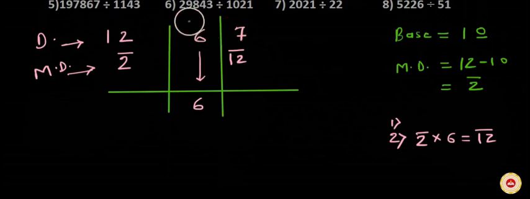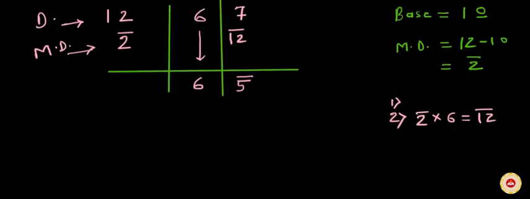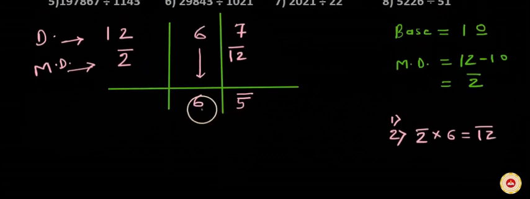Now friends, in the second step only we have covered all the digits, 2 digits in the dividend. So let us add these 2 digits. 7 plus -12 is -5. So friends, our answer is quotient is 6 and remainder is -5.